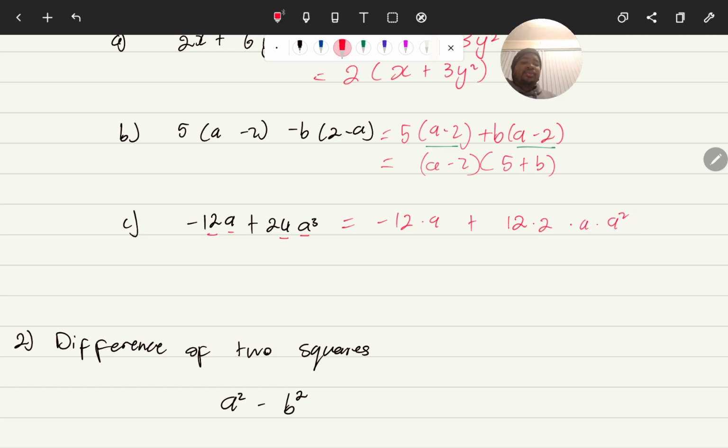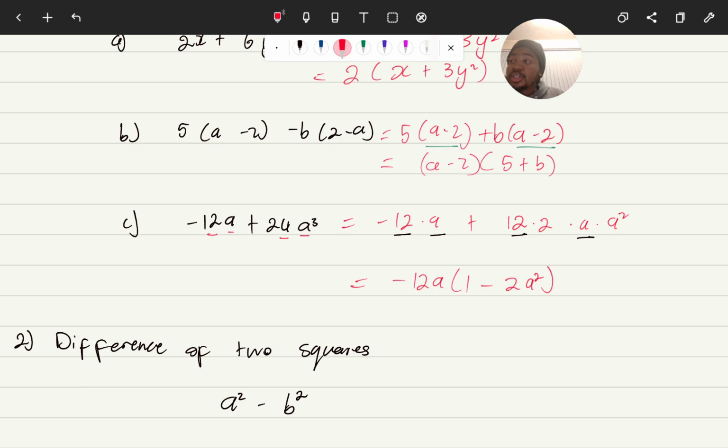The whole reason I'm doing this is so that you can see you have a 12, a 12, an a, an a, and now it's even easier. Let's take out minus 12a. You will have 1, and then here you will have minus 2a squared, because this is gone, this is gone, right? So that is the first thing.